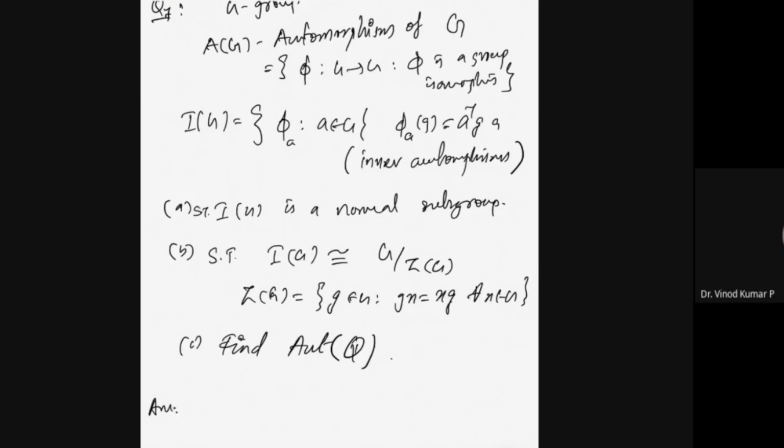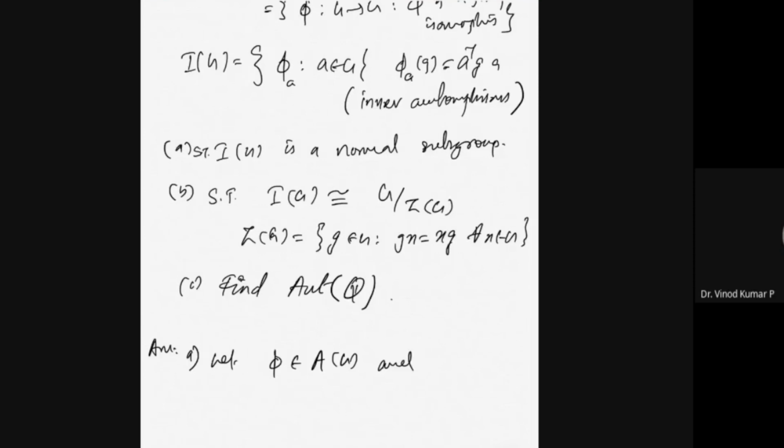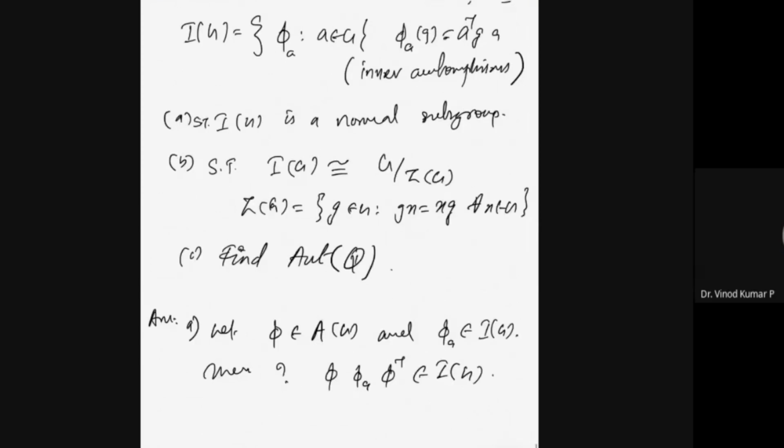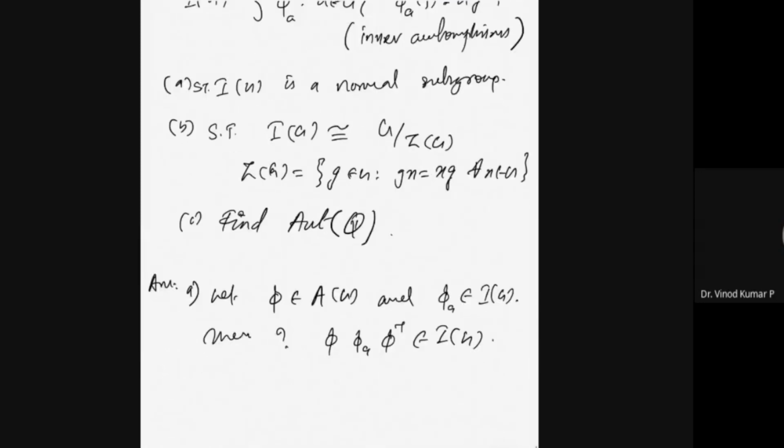To prove I of G is a normal subgroup, you have to prove that phi phi A phi inverse belongs to I of G for all phi belonging to A of G. So you start with phi belonging to A of G and phi A belonging to I of G, and I have to prove phi A phi inverse belongs to I of G, right? So now you compute what phi A phi inverse is.